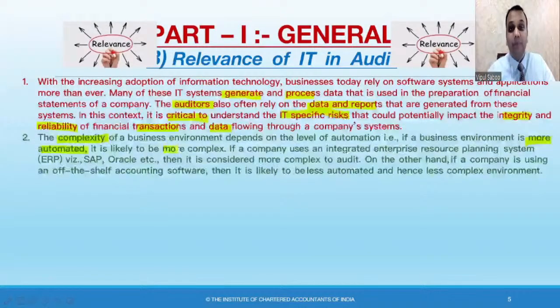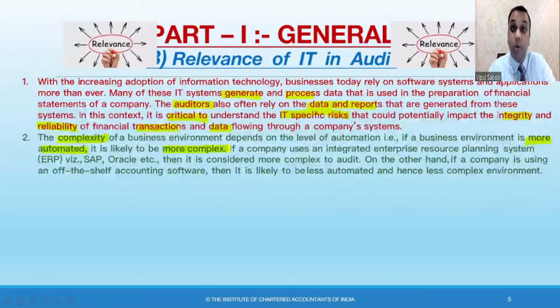How can we see that? If a company uses an integrated ERP system, ERP is a customized software like SAP, which is used by big organizations to manage their day-to-day works, accounting, finance, HR, everything.